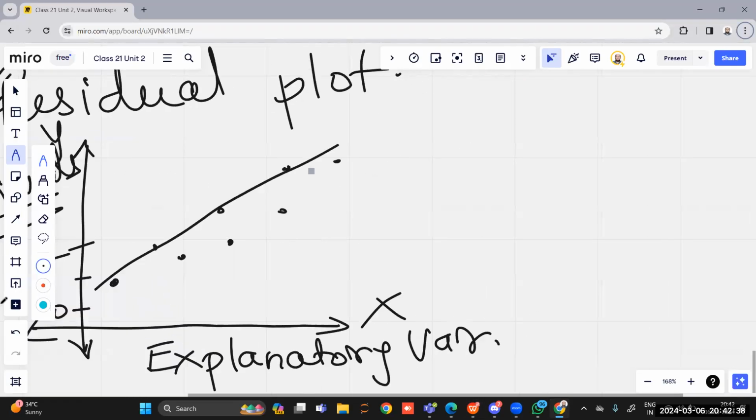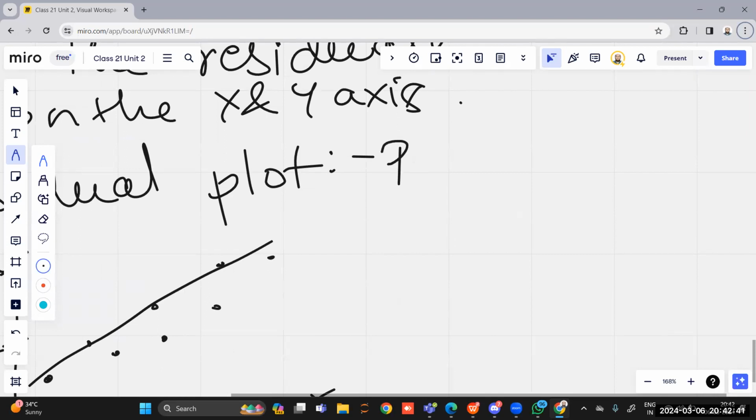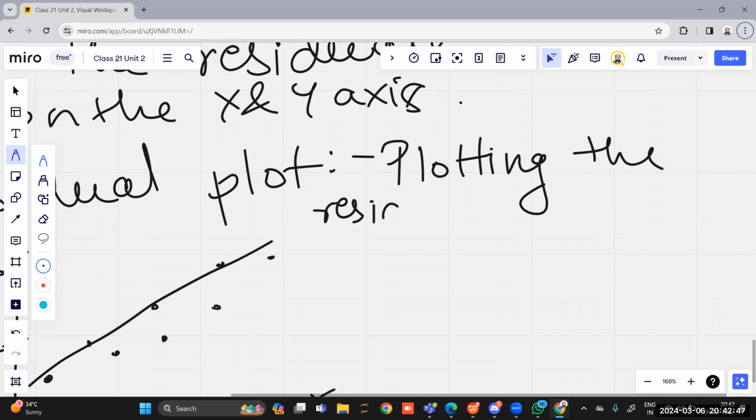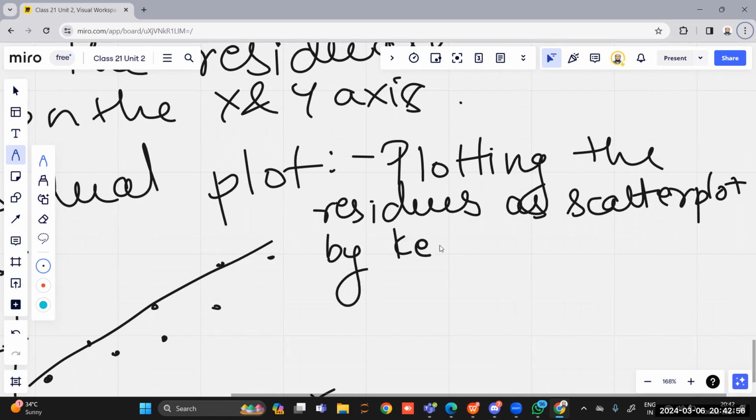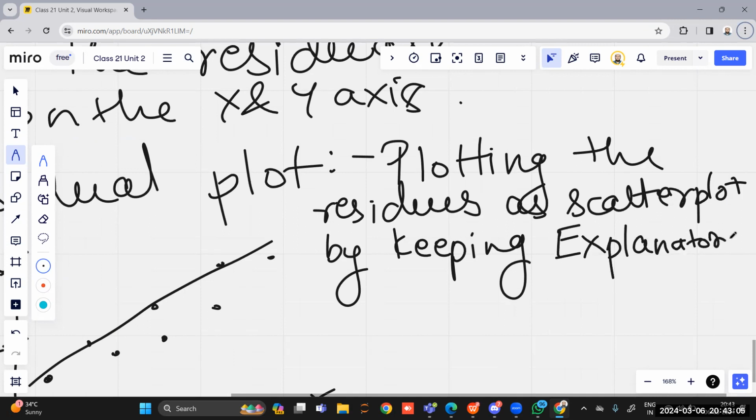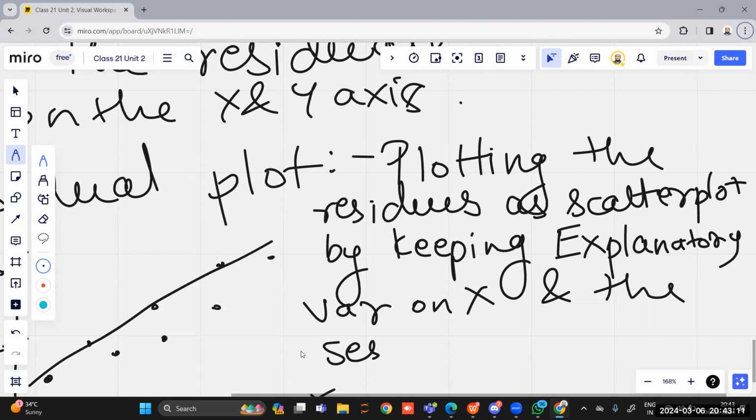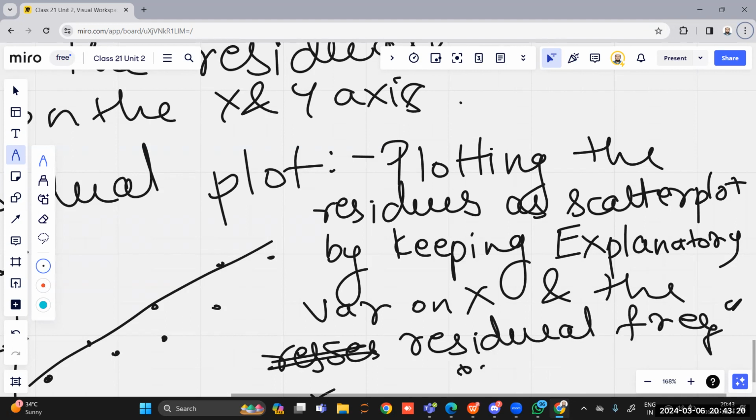So I'll write the definition here for the residual plot. It is plotting the residues as a scatter plot by keeping the explanatory variable on x and the residuals on the y.